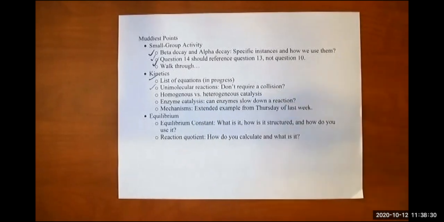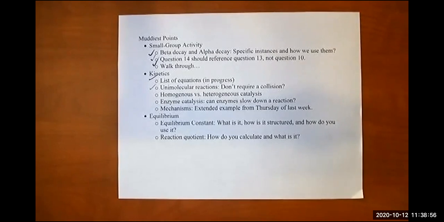For heterogeneous catalysis, the catalyst is a different phase from the reactants. So think of a catalytic converter in an automobile, for looking at the exhaust, where you have a surface of a solid, either platinum, palladium, or rhodium typically, and the gases that are coming over it are reacting on that surface.